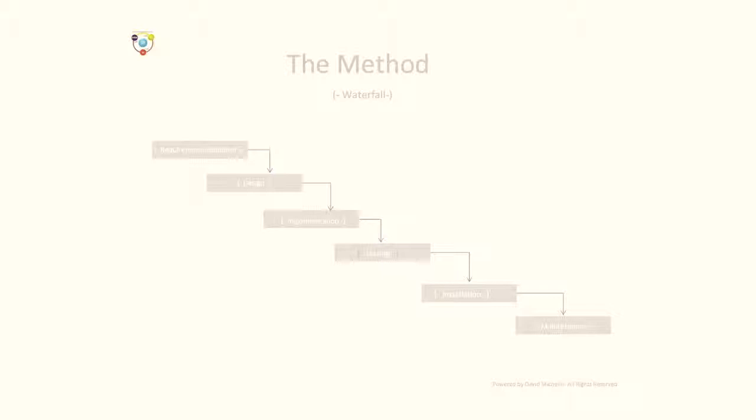Waterfall means that, as with the V method, I've got different steps. The steps are, first, the requirement definition. As we said before, we have to know what we've got to do and how we're going to do it, in a business way, in a technical way. Right after that, we're going to get a design phase, which is not exactly the same as the V method, because we're going to go a little bit quicker into the heart of the project.